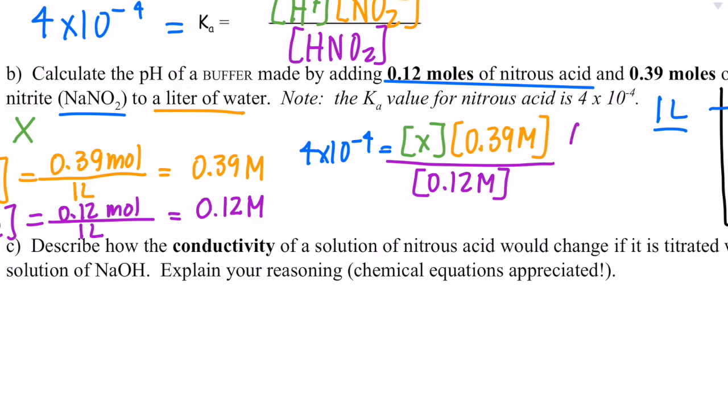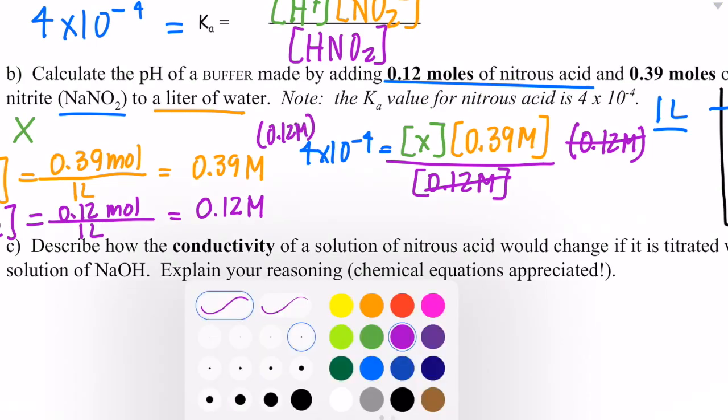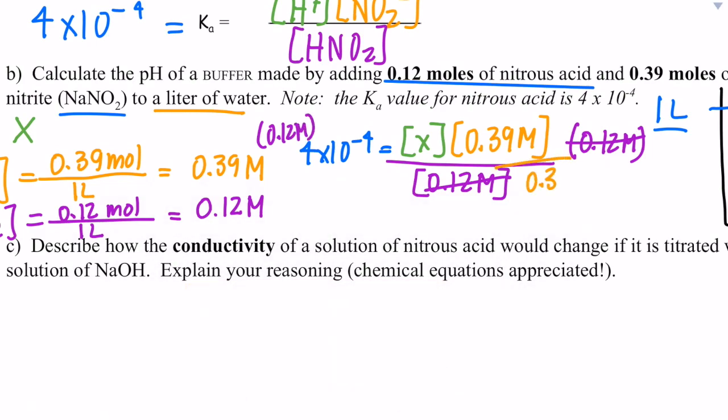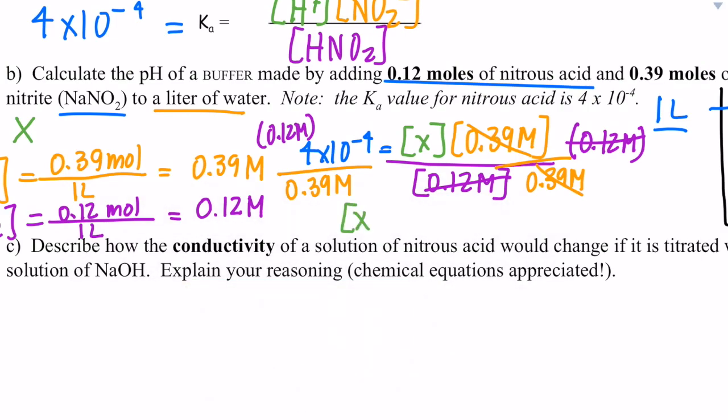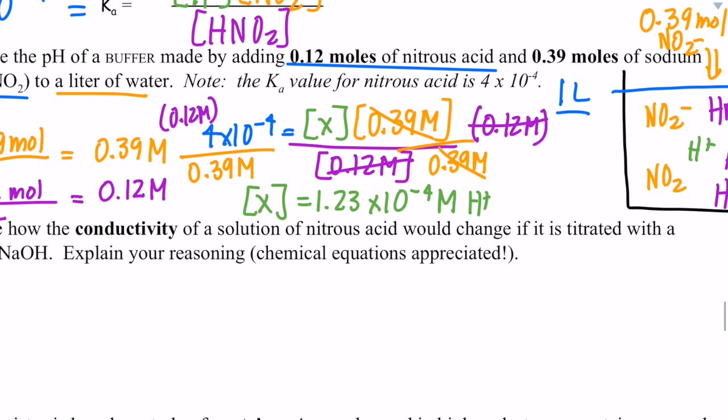So we will multiply by 0.12 and then we'll also divide by our 0.39 molar. And the concentration of our H+ is 1.23 times 10 to the negative 4 molar. That's our H+ concentration.